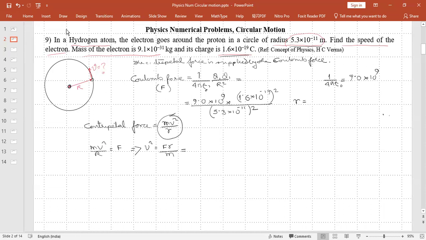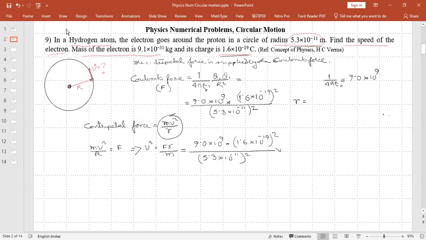F we have already got, that is 9.0 into 10 to the power 9 multiplied by 1.6 into 10 to the power minus 19 whole square, divided by 5.3 into 10 to the power minus 11 whole square.